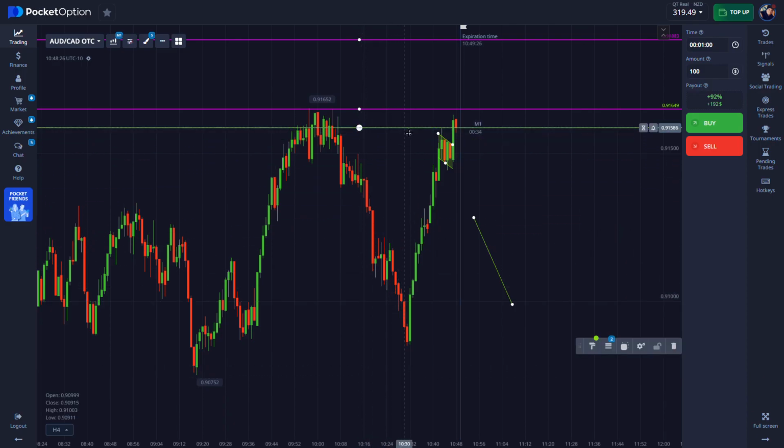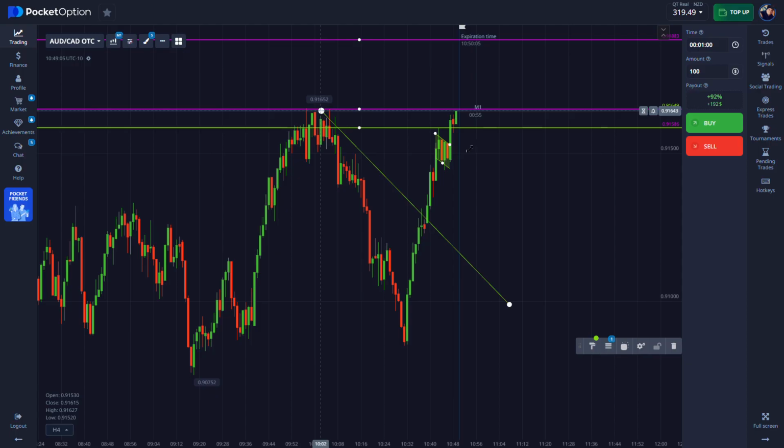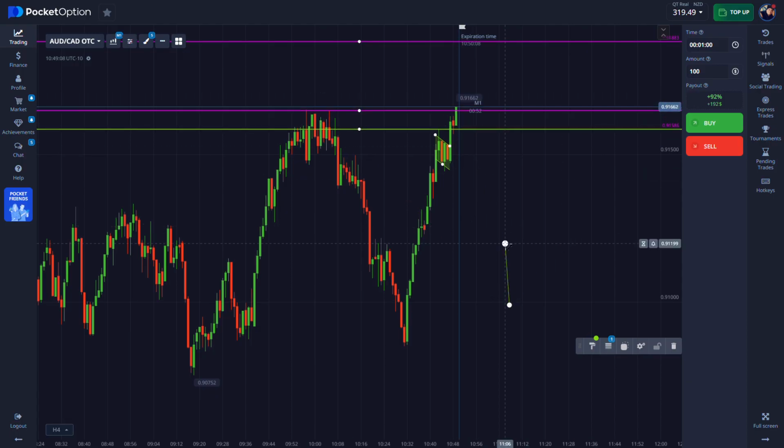It's taking out the sellers anyway. Look at taking out the buyers that you might decide to push up with this big momentum. You're going to have to take out the sellers, create another high, new high.